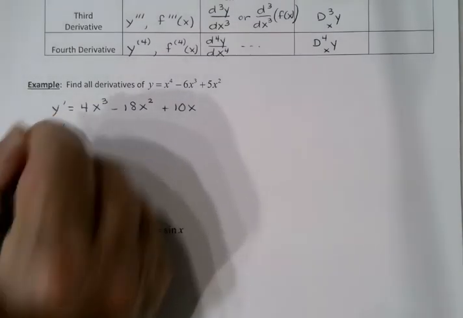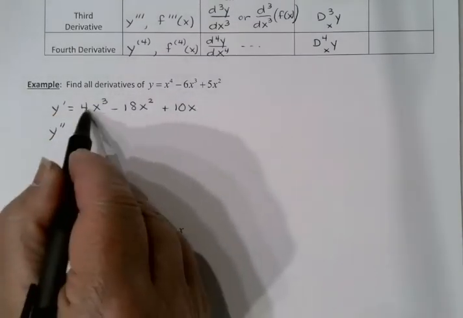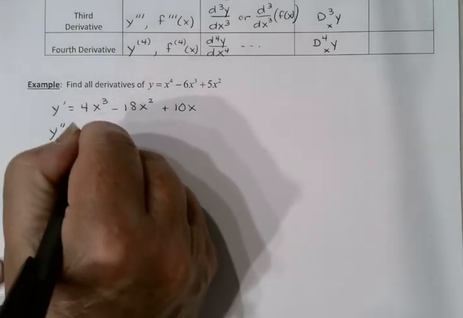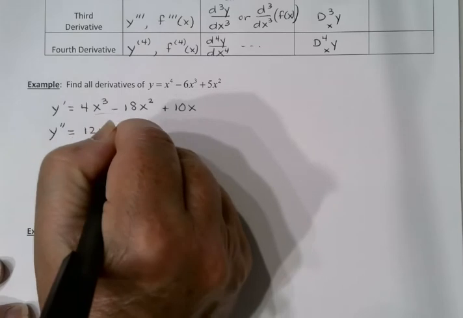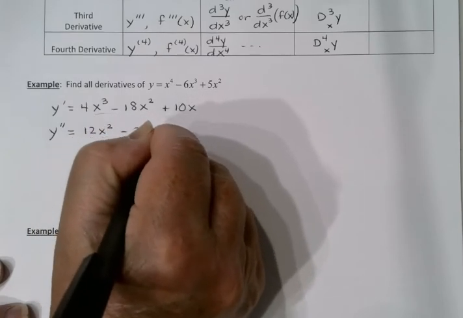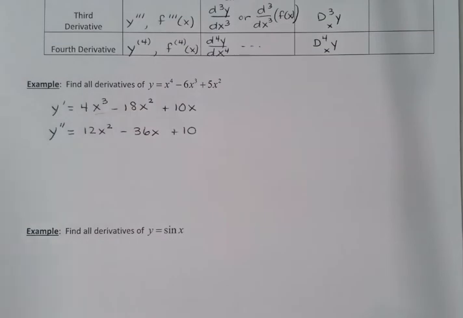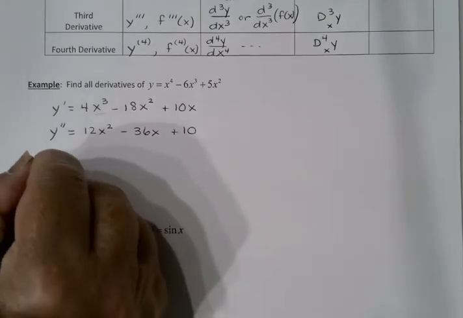The second derivative, we just use this first derivative and do another derivative on that. So 12x squared minus 36x plus 10.